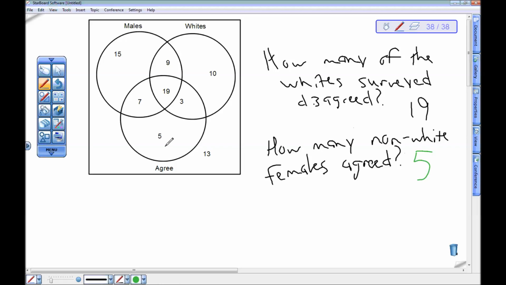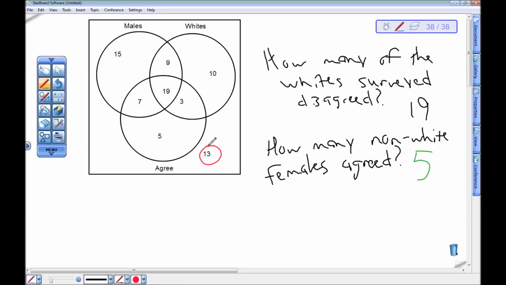What else can I ask here? Well, let's just go through the regions quick and make sure that we talked about everything. These 13 people disagreed. They were not males and they were not white. So this is the number of female, non-white people that disagreed with whatever was being asked here.